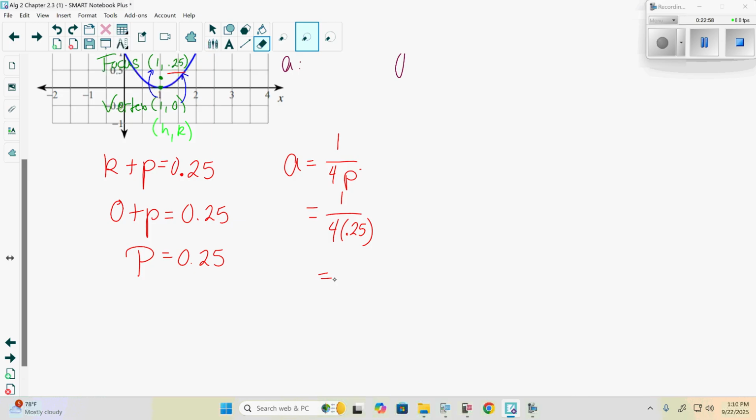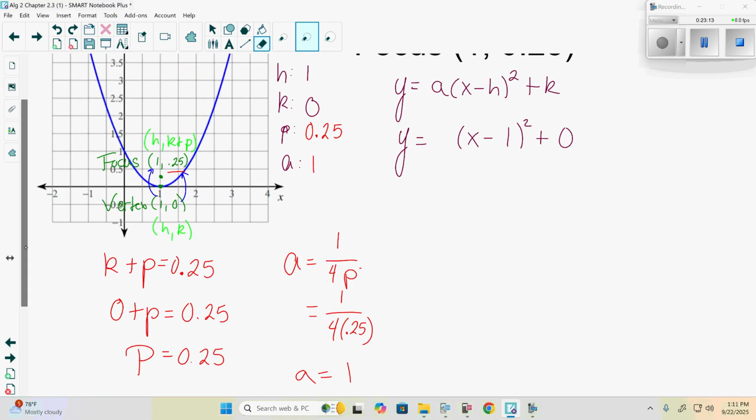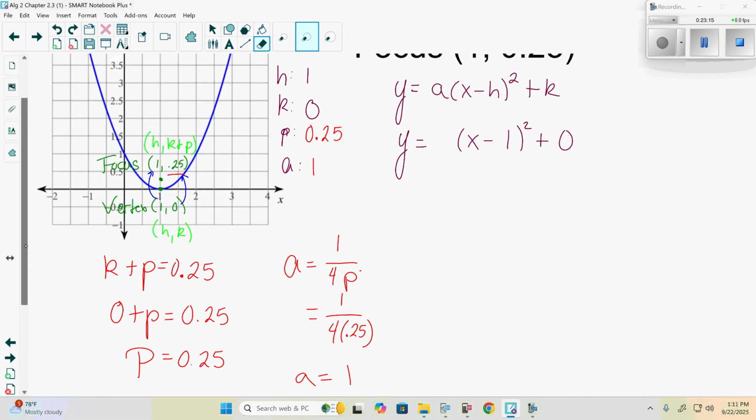Now, what is 4 times 0.25? 1. 4 quarters in a dollar, that's going to be 1. 1 divided by 1 is 1, so A is 1.